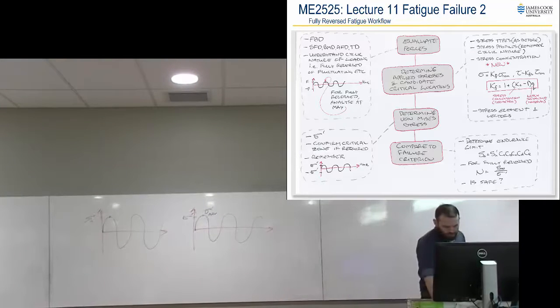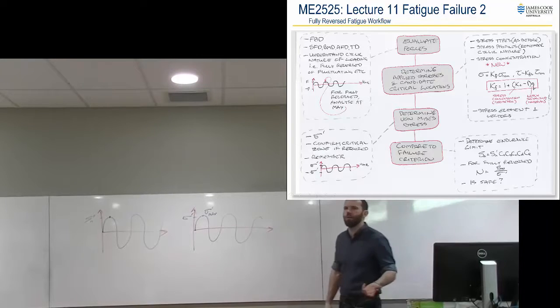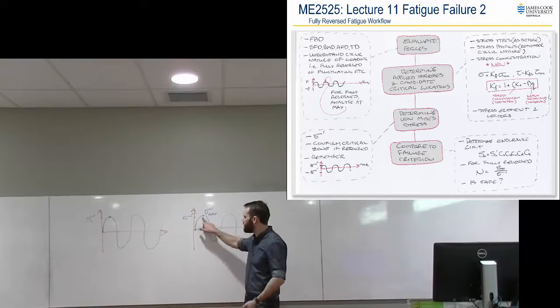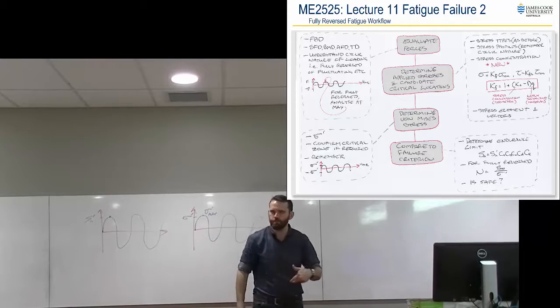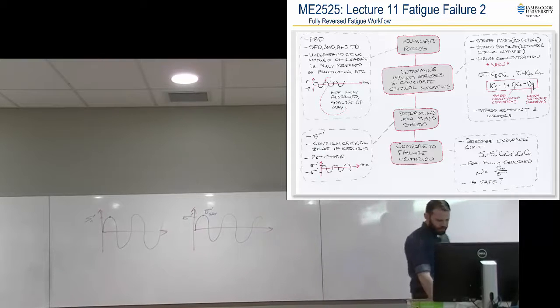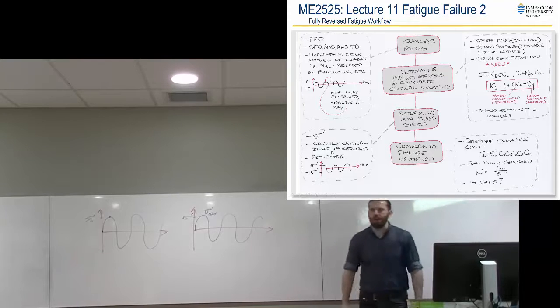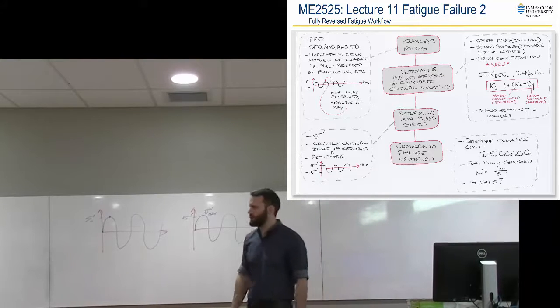Okay, and so you calculate your von Mises, and remember we're calculating von Mises at a single point. That's our maximum point, but this is representative of a curve that goes between positive that and negative that, positive that and negative that. Okay? And at that point, if there's more than one critical zone, you can work out which one's the worst.